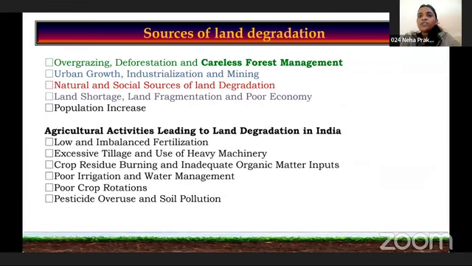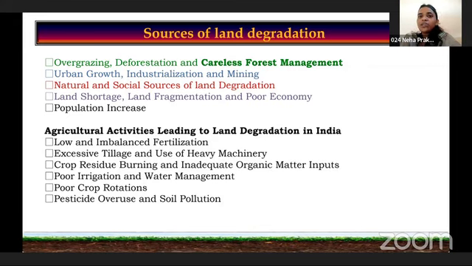Now come to the point: what are the sources of land degradation? By which sources does land degradation occur? The first factor is overgrazing, deforestation, and careless forest management. We are not maintaining the forest area for our survival; we are just destroying it.